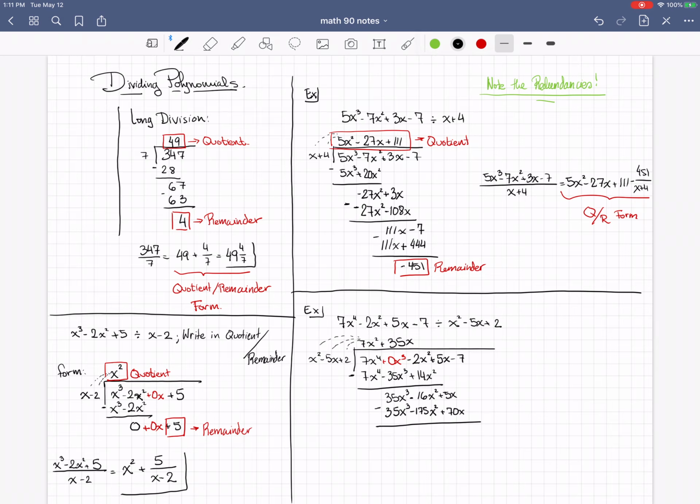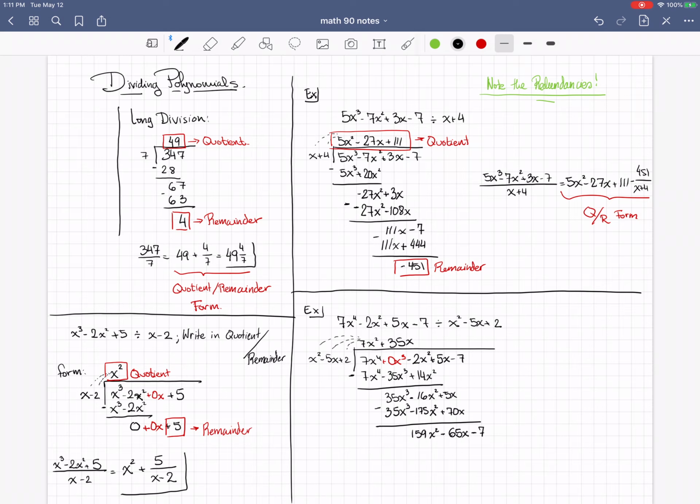Then we have negative 16x squared minus negative 175x squared. Those two minuses turn into a plus. So it becomes 159x squared. And then here we have 5x minus 70x. So that's minus 65x. And we just have the 7 left to bring down.